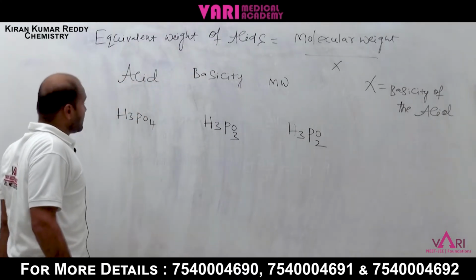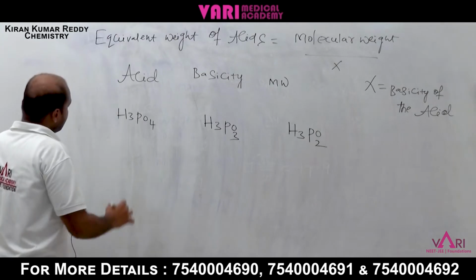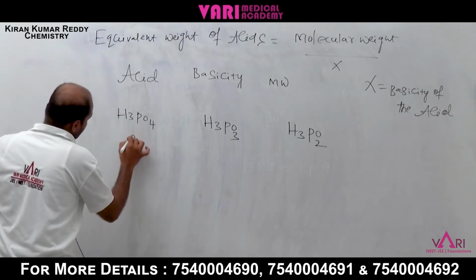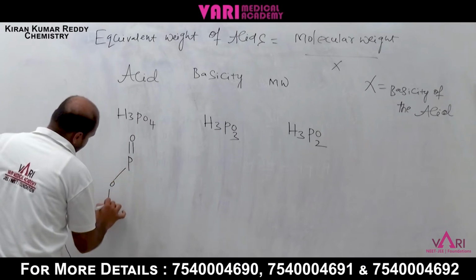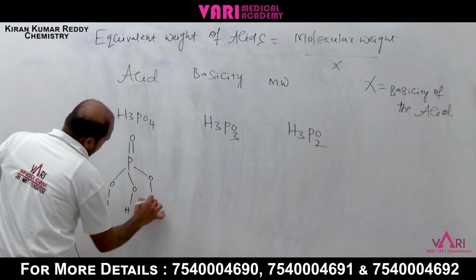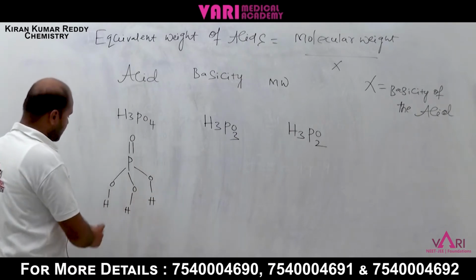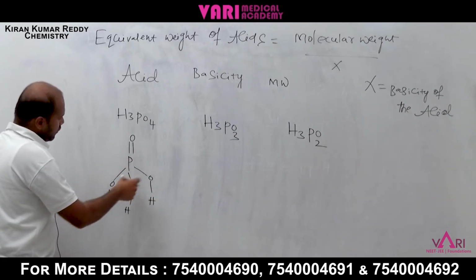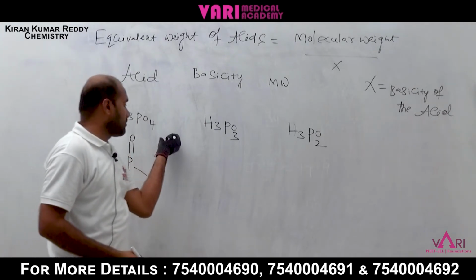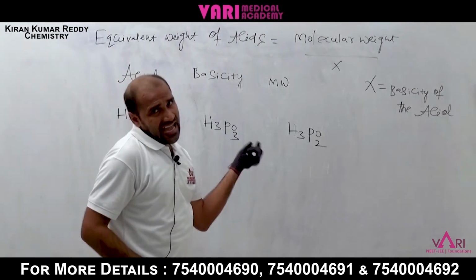If you take H3PO4, molecular weight by, if I write the structure, P double bond O and OH, here also OH, here also OH. This one is H3PO4, a phosphorus oxy acid.